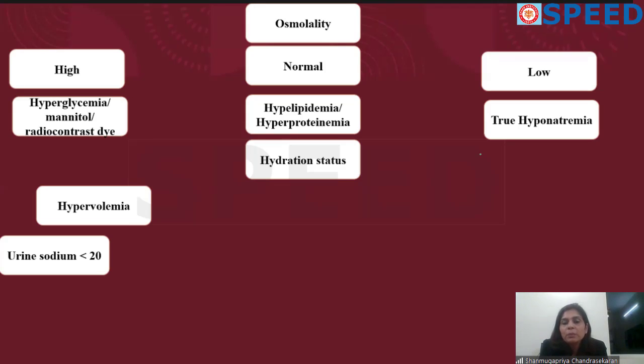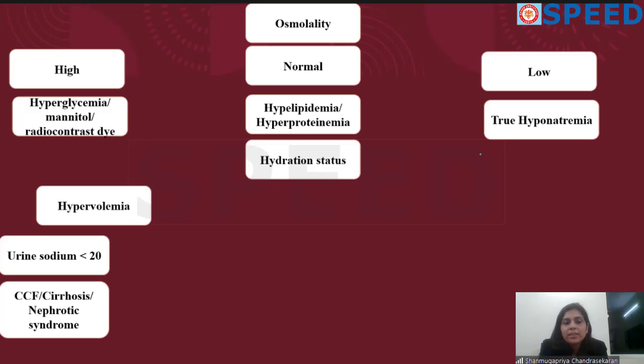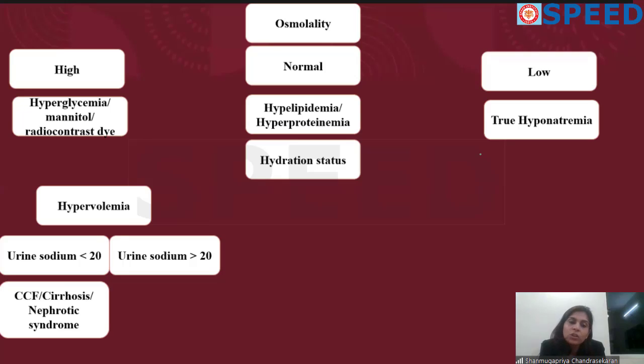If urine sodium is less than 20 milliequivalents per liter, it is one of the causes of hypervolemic hyponatremia other than chronic kidney disease: congestive cardiac failure, liver cirrhosis, nephrotic syndrome. If urinary sodium is more than 20, then the kidneys are not able to reabsorb sodium, so sodium is found in urine, and it's chronic kidney disease.